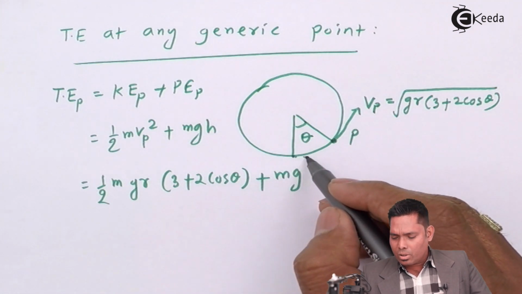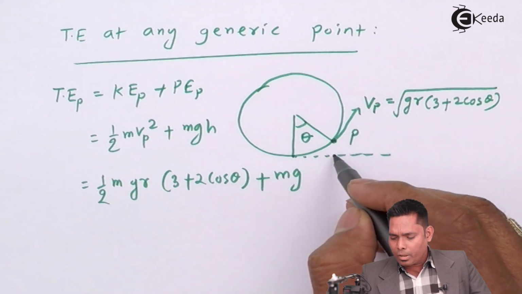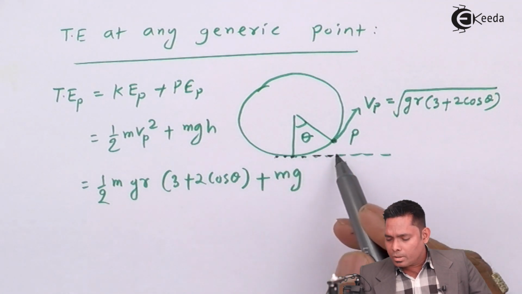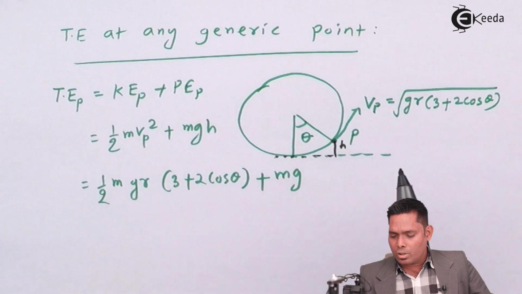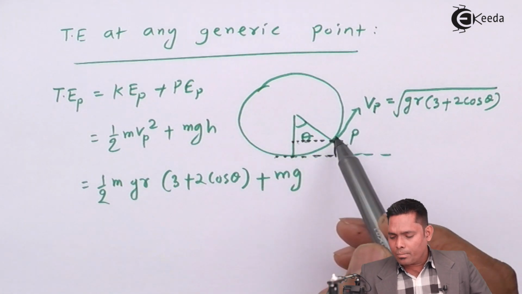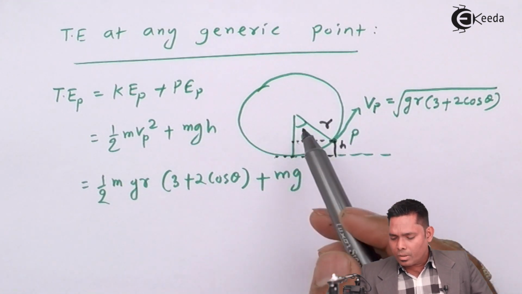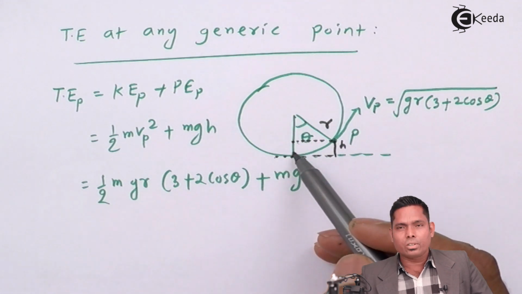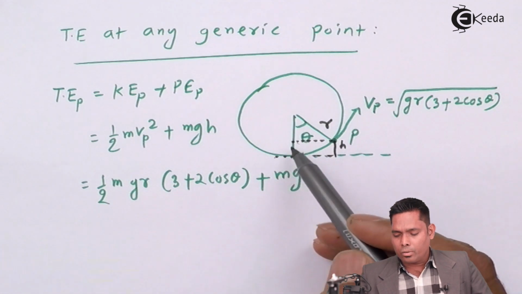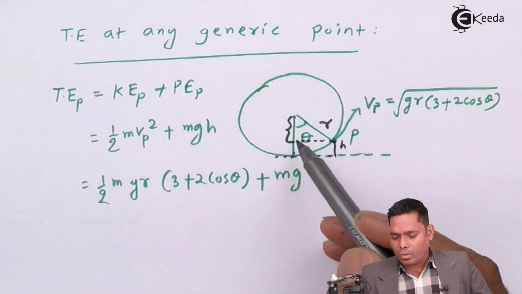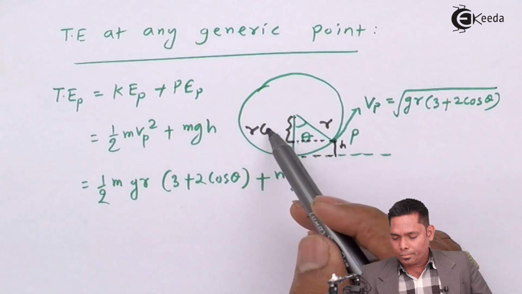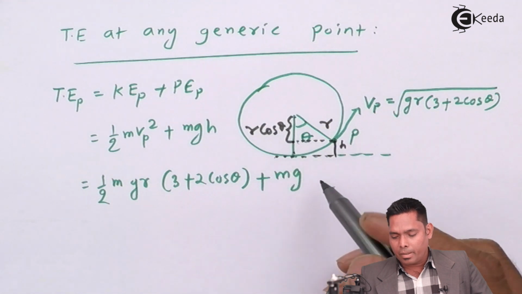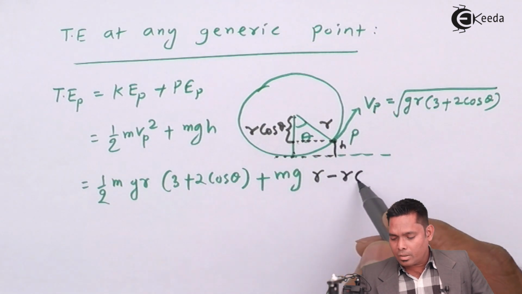What is h? h is the height of this point above the lowest point. If this is r, then this is r cos theta, and the whole length is r. From r you subtract r cos theta and you get h. So h is r minus r cos theta.